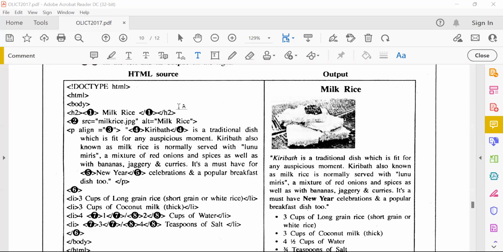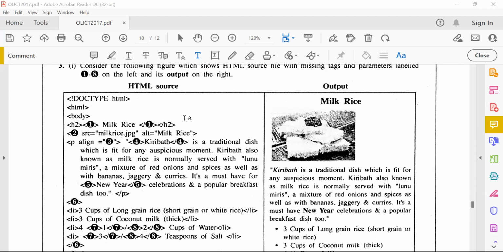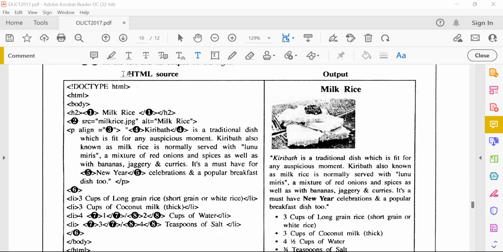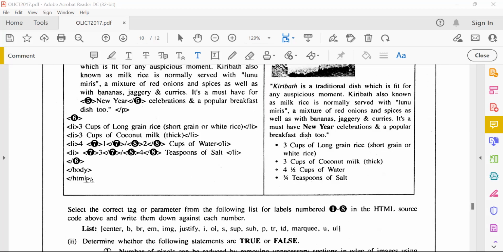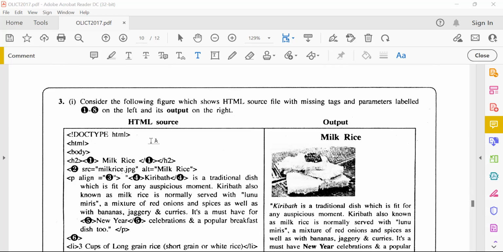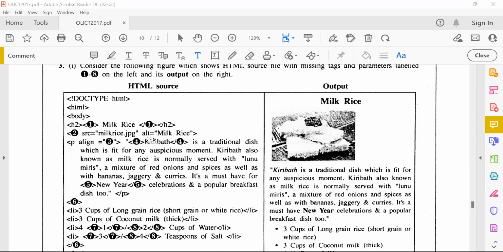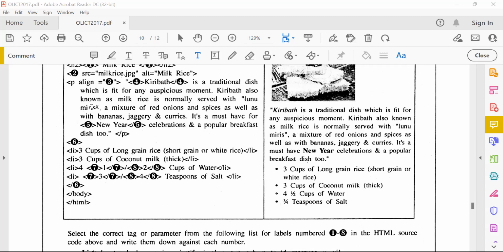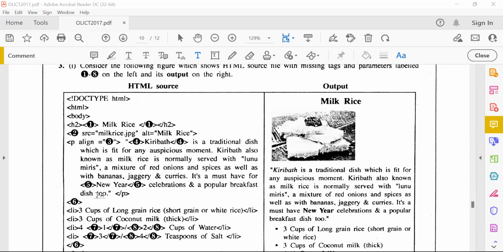Exact. We know in an HTML document, usually we start with HTML and end with /HTML. And then we have two parts, head and body. So in this case, we have body only.